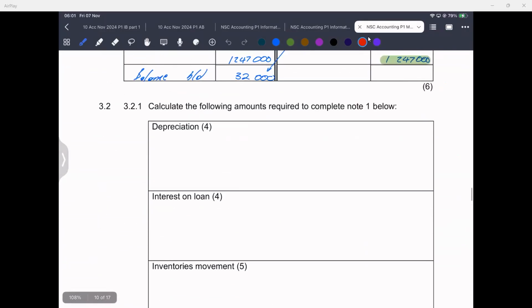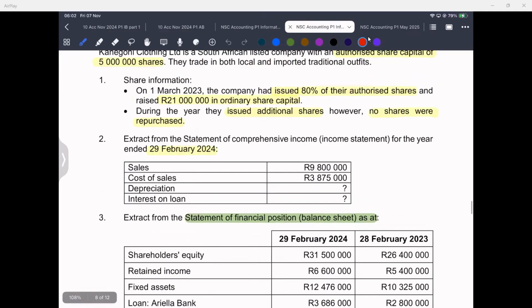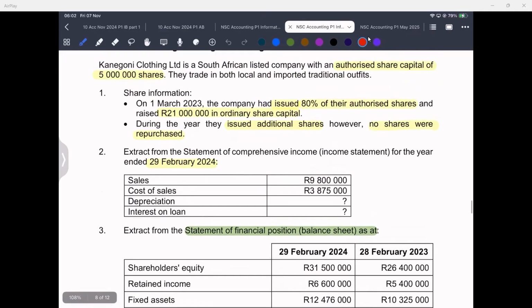The first thing they want us to calculate is depreciation. It's evident that it's not even given to you, and we might need to calculate it as required.